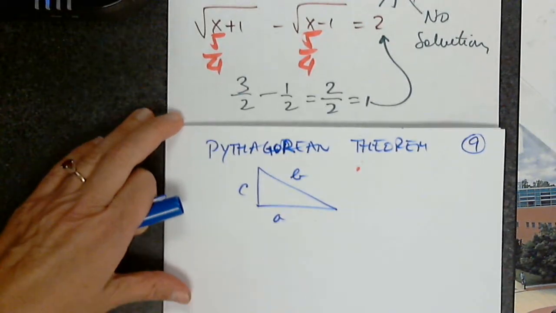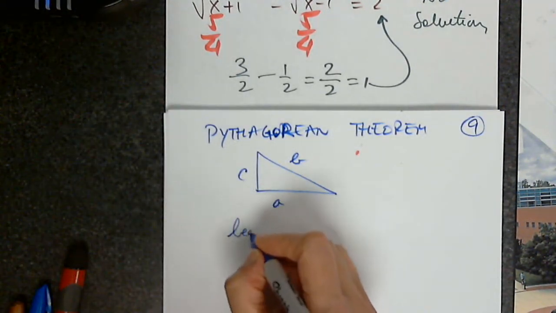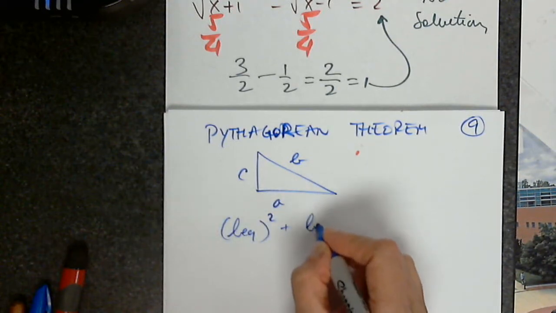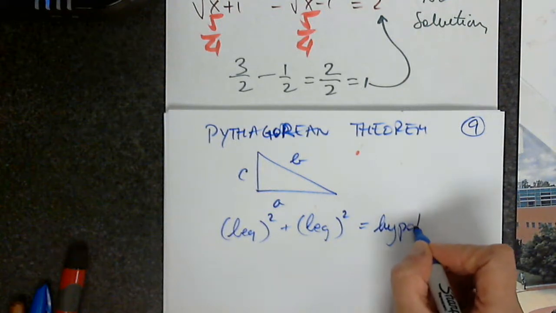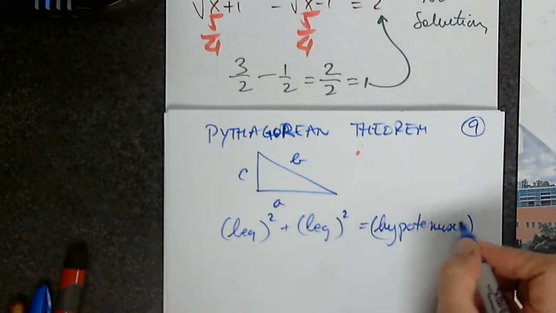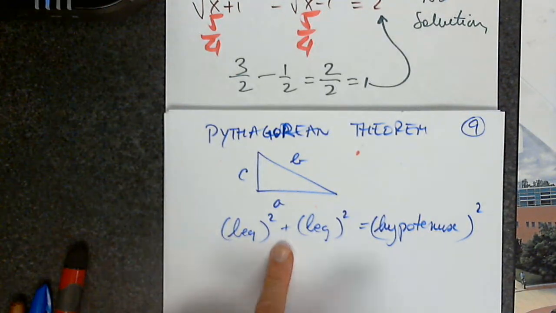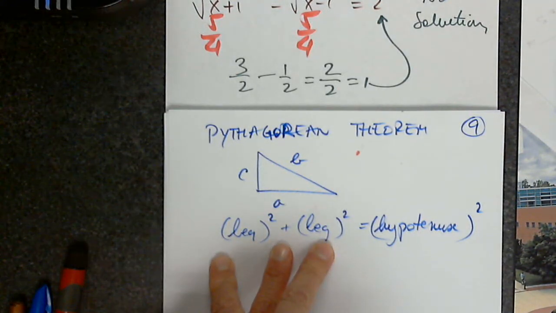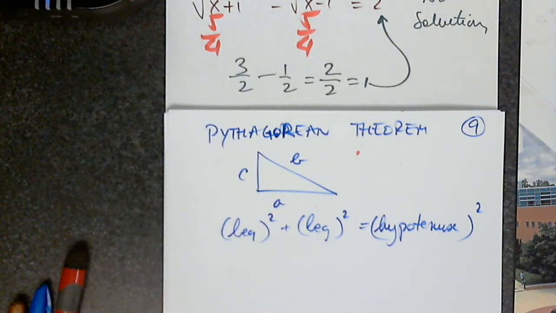So what I would like you to remember is not notation. I would like you to remember the leg squared plus the other leg squared equals the hypotenuse squared. So in short, the sum of the shortest legs squared equals the longest side squared.